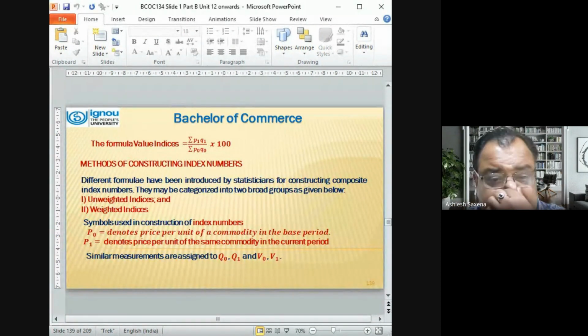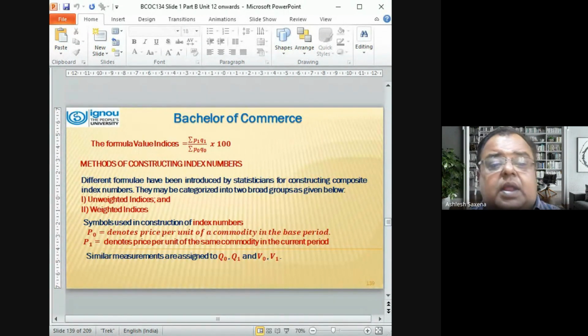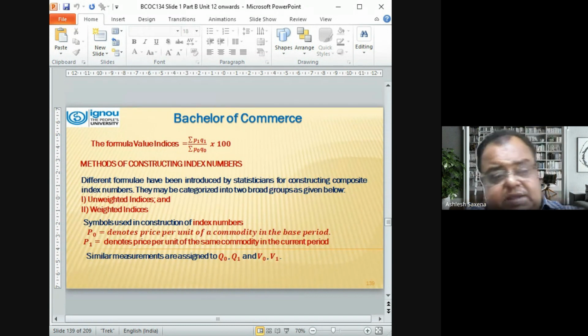What are the methods of constructing index numbers? Different formulas have been evolved or introduced by statisticians for constructing composite index numbers. These may be categorized into two broad groups: weighted indices and unweighted indices.